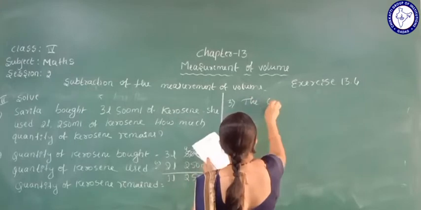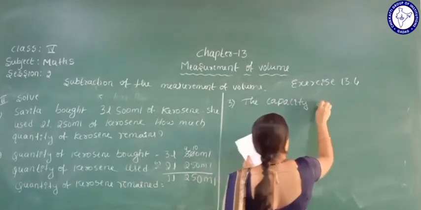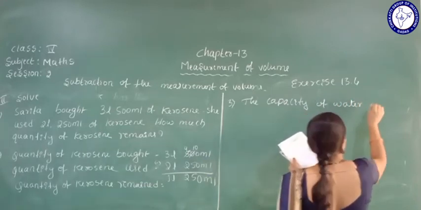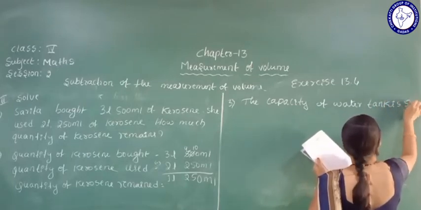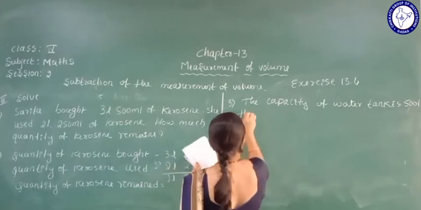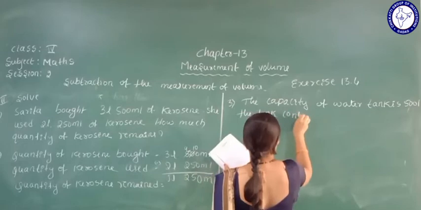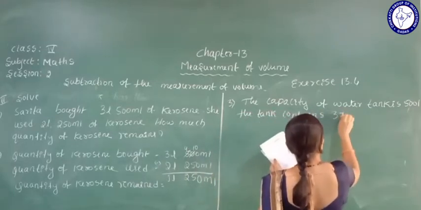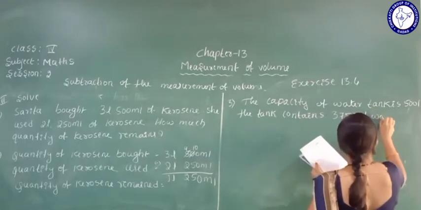Third one, the capacity of a water tank is 500 liter. The tank contains 375 liter of water.